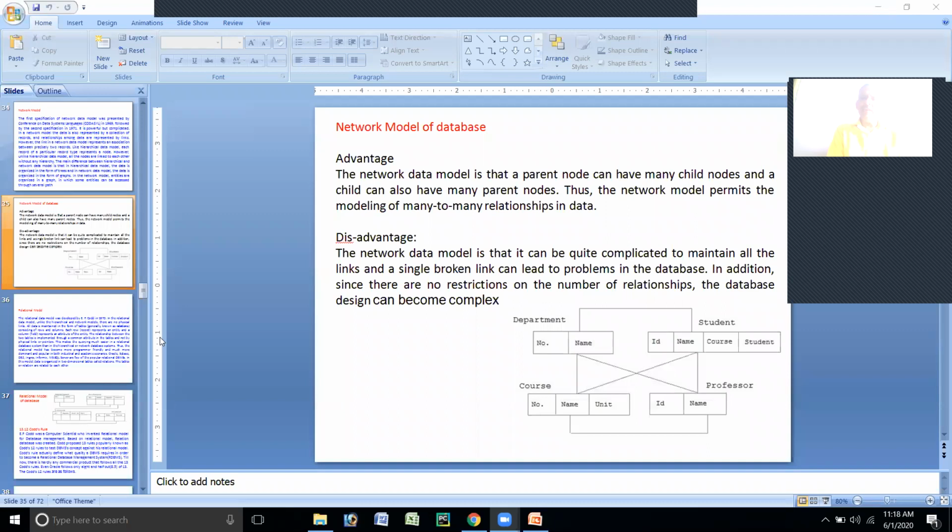One parent may have many child nodes, and a child can have many parent nodes. This is the advantage of the network model of a database. Is it clear?